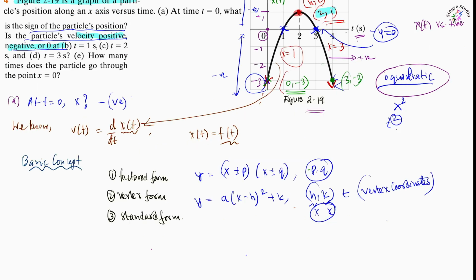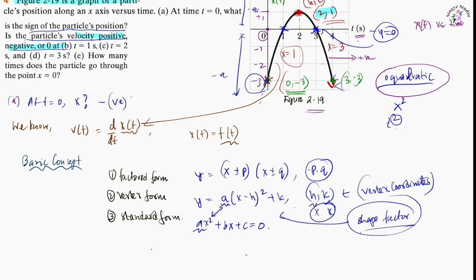And for the standard form, it is ax squared plus bx plus c equals 0, okay? Where this a and this a are the same, and it is called the shape factor. This shape factor will determine whether the parabola is upward or downward. And b is the coefficient of the linear term, and c is the constant, or the y-intercept.